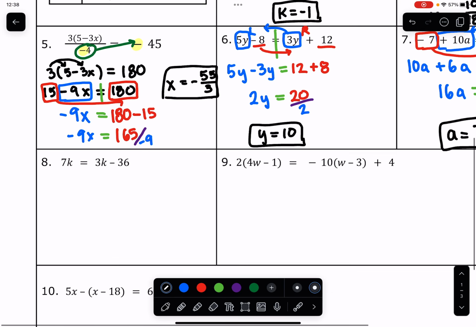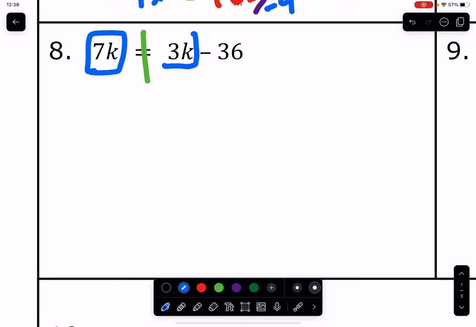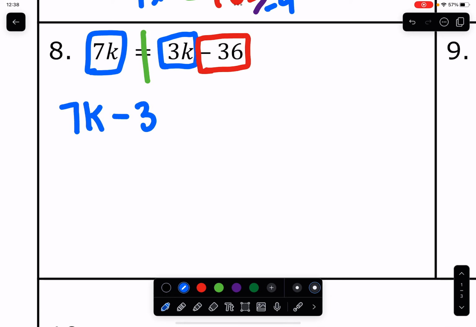Okay, moving on to number 8. Here's my equal sign. So I want these two values to be on the left side of that equal sign, and my constants to be on the right side. So 7 is already on the left, but positive 3k isn't. So by moving it to this side of that equal sign, that changes it from a positive to a negative.